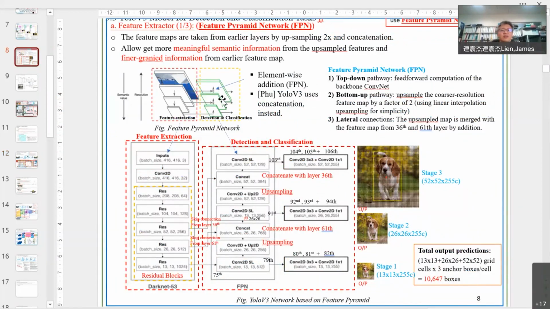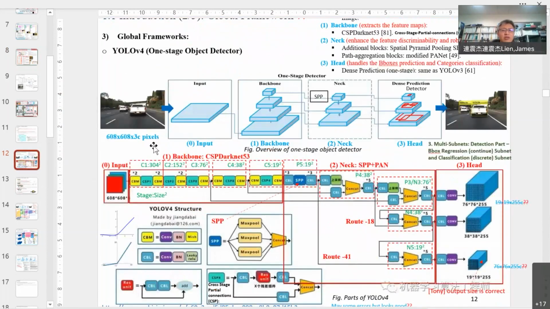UNet is a good and famous one. But in YOLO, they just describe it in a different way: this is downsampling, and this is upsampling. Actually both are the same. After you downsample, you upsample, and here is the head, where you do the classification. This is one stage.